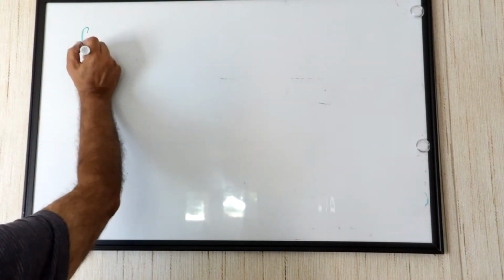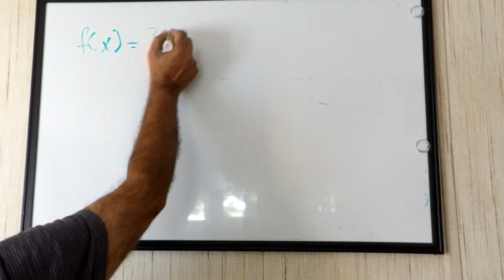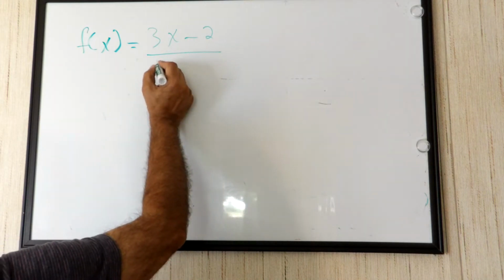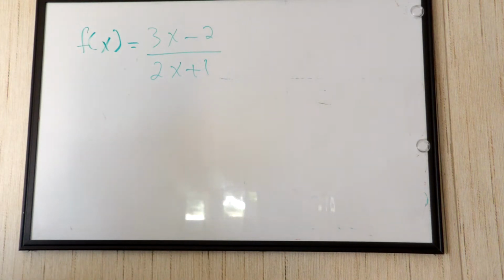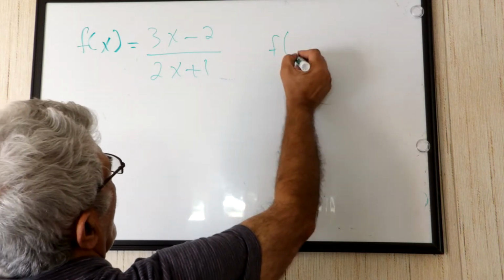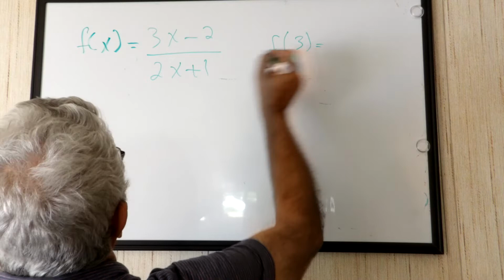So in general, for example, you have f of x equals 3x minus 2, 2x plus 1. If they ask you to find f of 3, what does that mean?